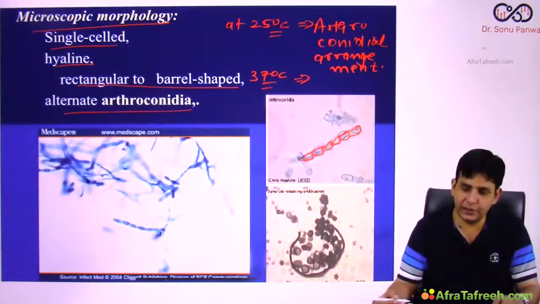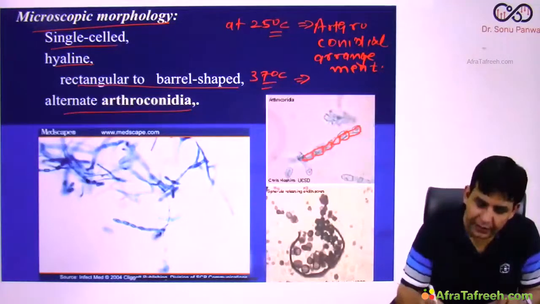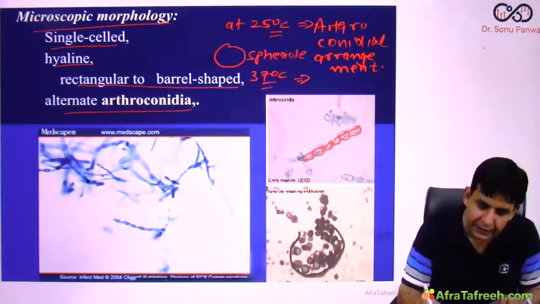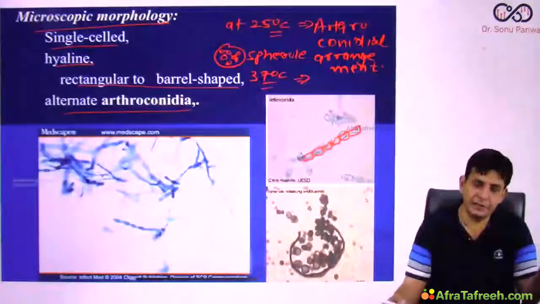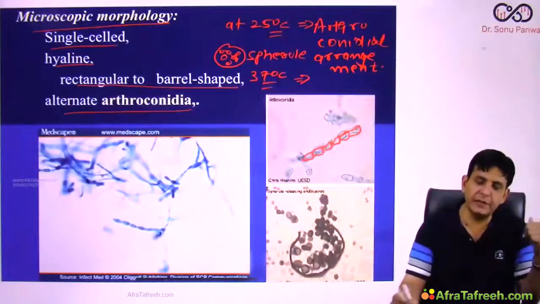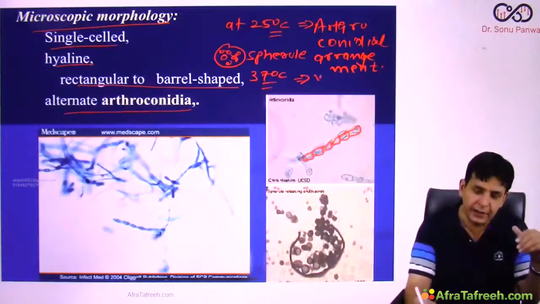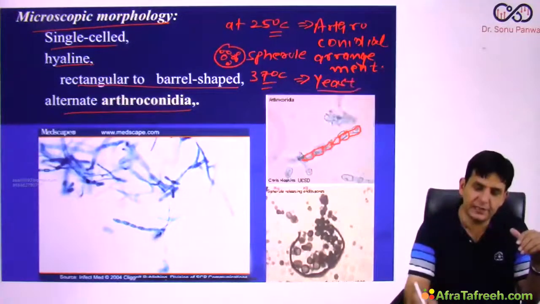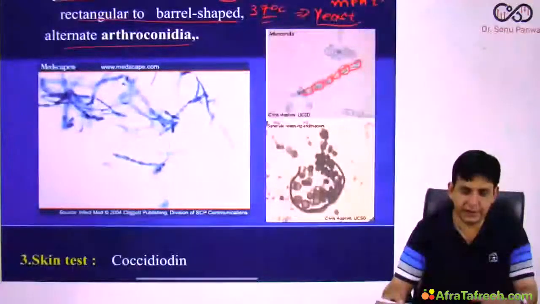The yeast form of this looks like a spherule with endospores, which is also a feature of which particular disease? That is also a feature of Rhinosporidium seeberi infection, that is rhinosporidiosis. So remember, at 25 that is the mold form, arthroconidial arrangement, and at 37 it is the yeast form, that is the spherule with endospores.